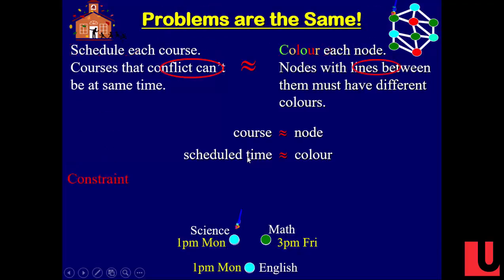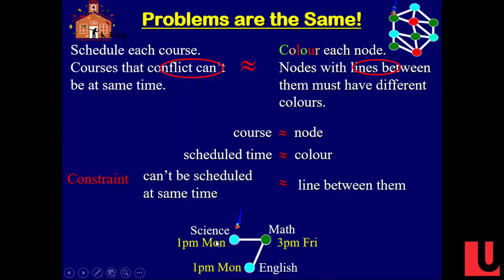And what are our restrictions? Here we worry about conflicts. Here we're worrying about edges. Well, we'll put an edge between two nodes. What does it mean if there's an edge between the two nodes? It means that they can't be given the same color. What does it mean to put an edge between two courses? It means that Jeff teaches them and they can't be given the same time slot.